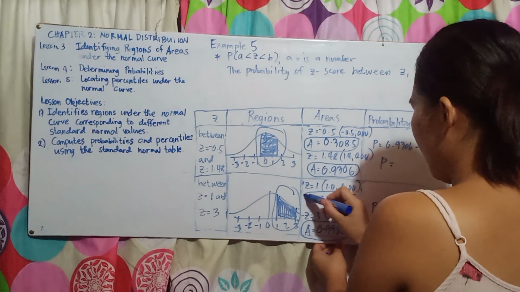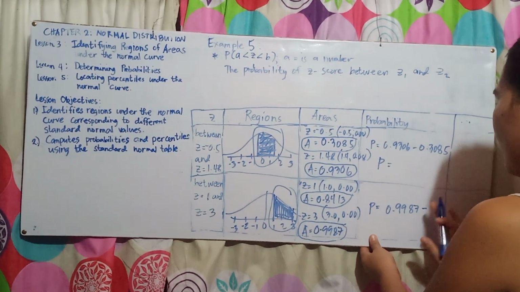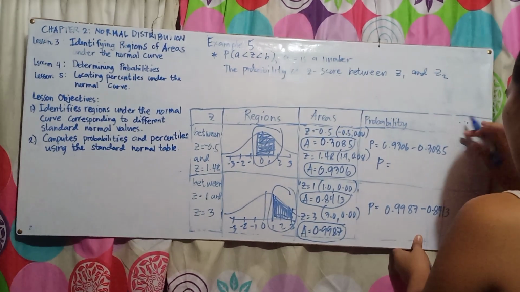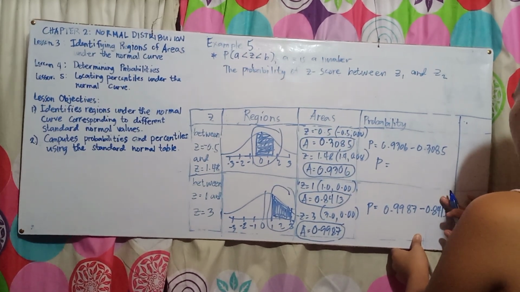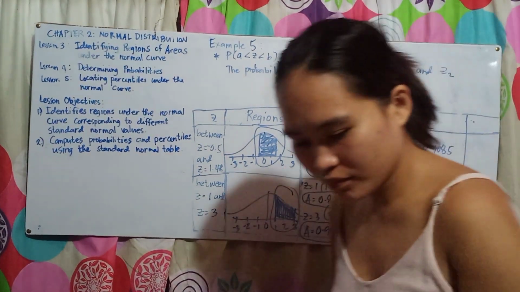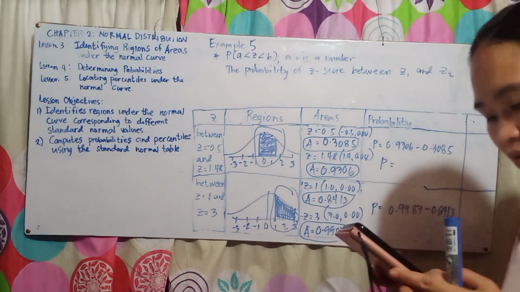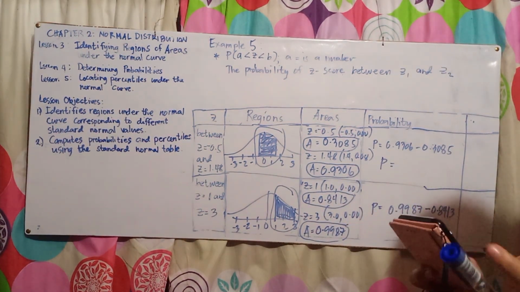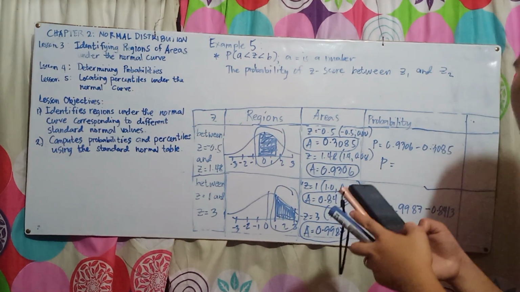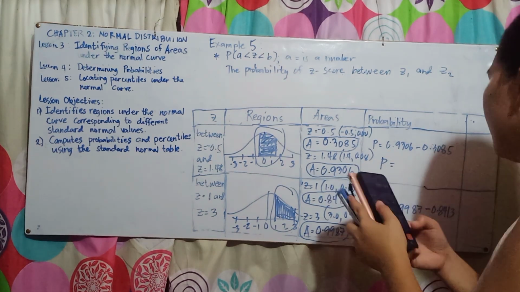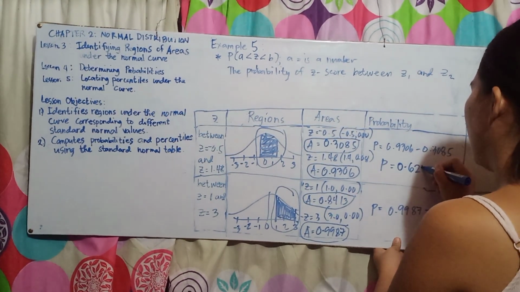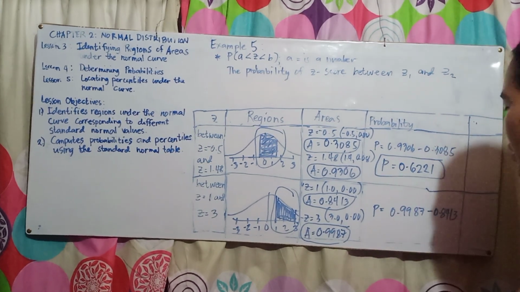Unahon na nimo, i-minus sa 0.8413. So, i-minus 0.9306 minus 0.3085, equals 0.6221. So, ito na yung probability.